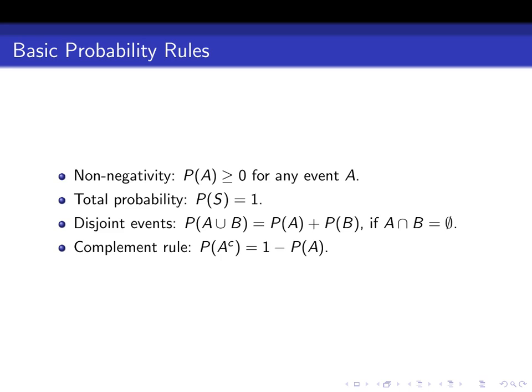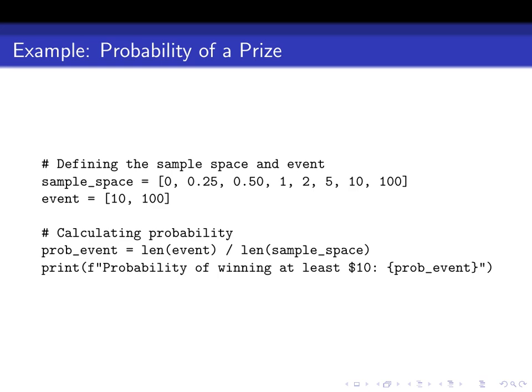For disjoint events, events that cannot happen simultaneously, the probability of their union is the sum of their individual probabilities. Additionally, the complement rule tells us that the probability of an event not occurring is 1 minus the probability of the event itself.